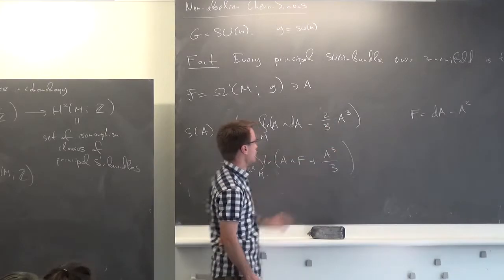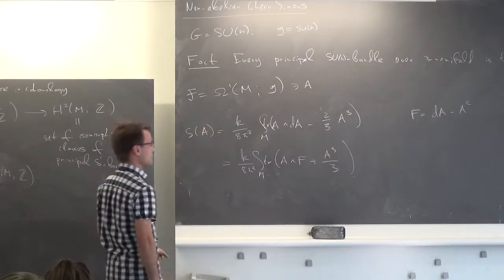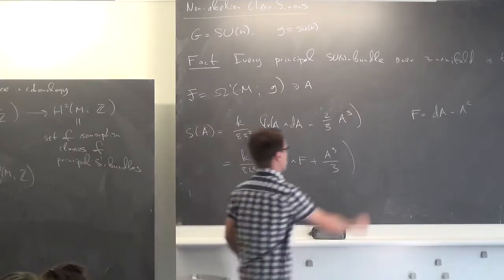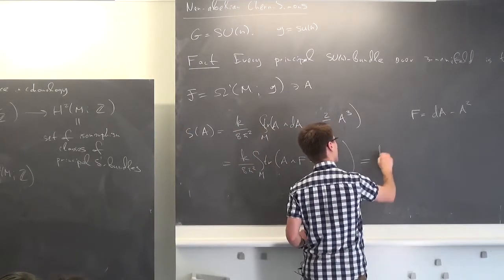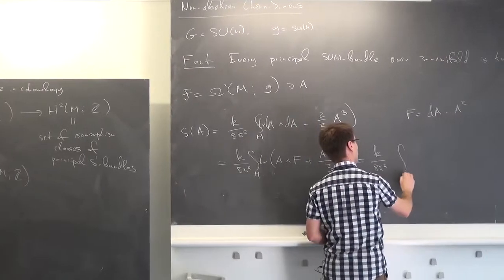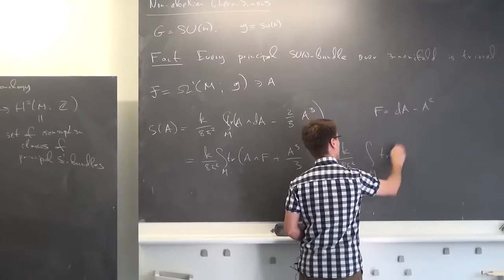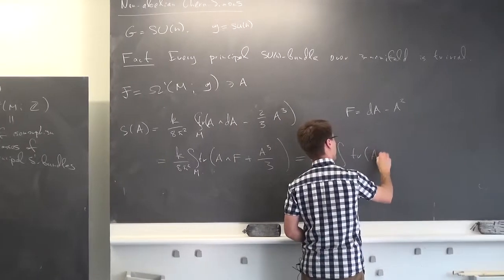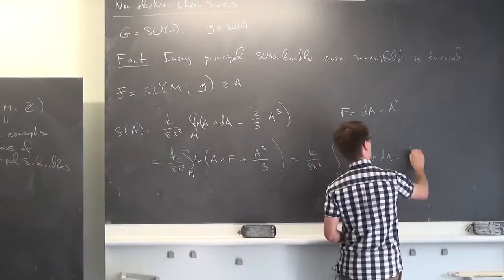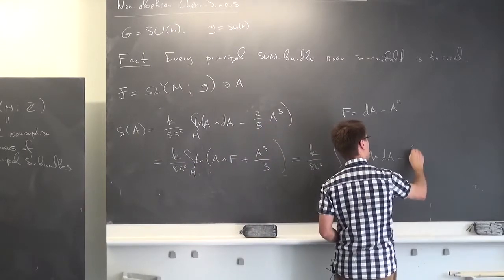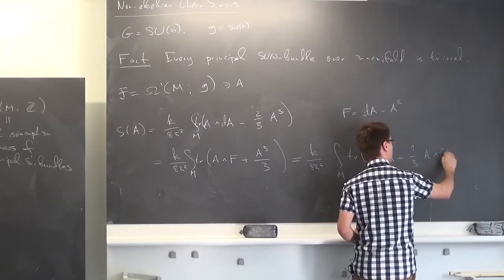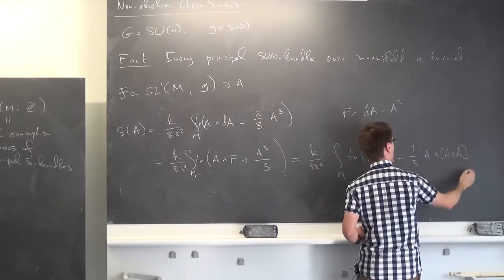But you can rewrite this expression so that it makes sense in an arbitrary Lie algebra in the following way. I'll just put it here. So this is going to be A wedge dA minus 1/3 of A wedge, something I'll write as A wedge A with a bracket.